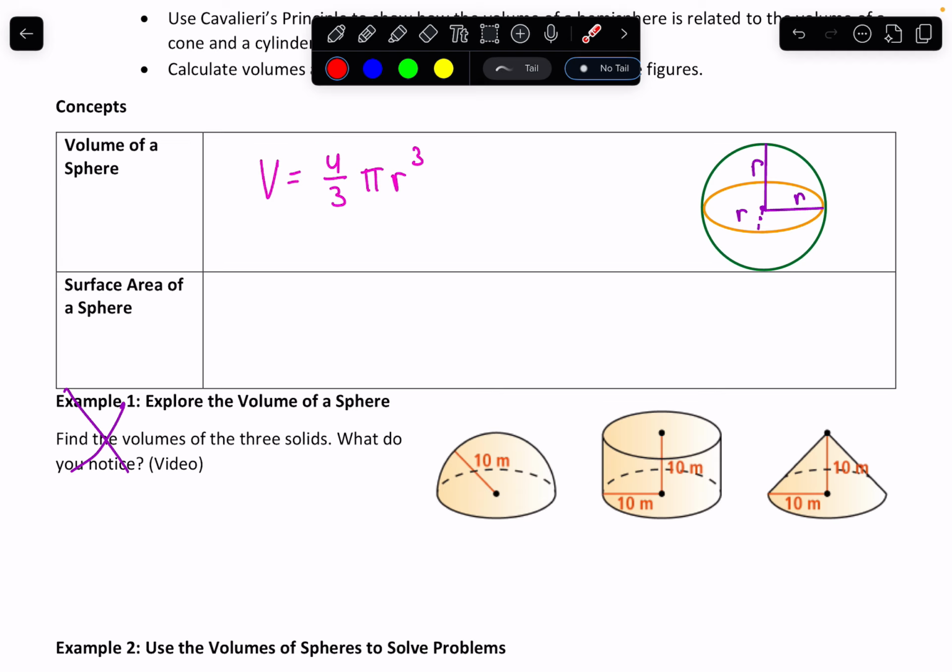The surface area formula for a sphere is one that you may already have known as well. The surface area of a sphere is just 4 pi r squared. And interestingly, volume and surface area formulas for a sphere are really, really closely related.